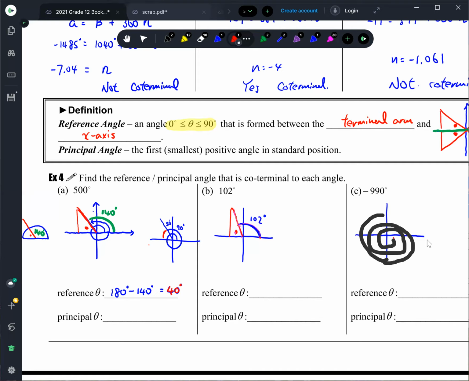Yeah, so it makes 2 full turns and then 270 degrees more. So your terminal arm will end up there. Okay, if you got the reference angle for both of them, please raise your hand.